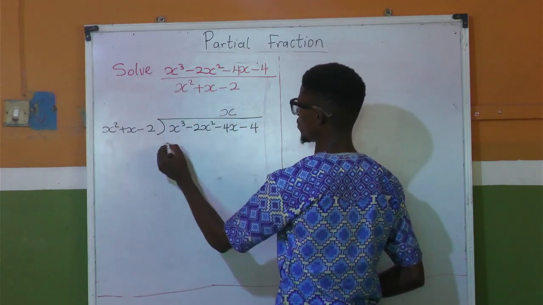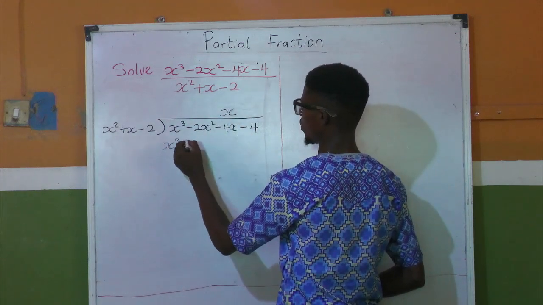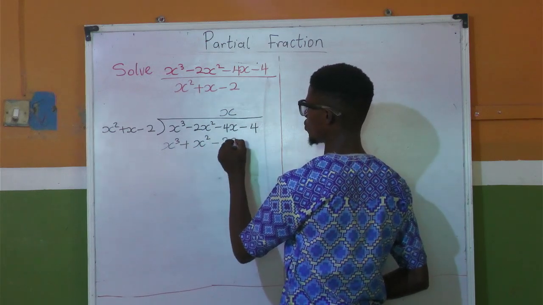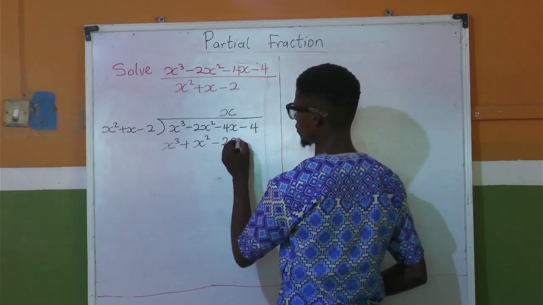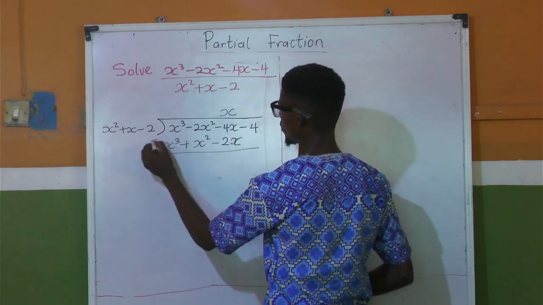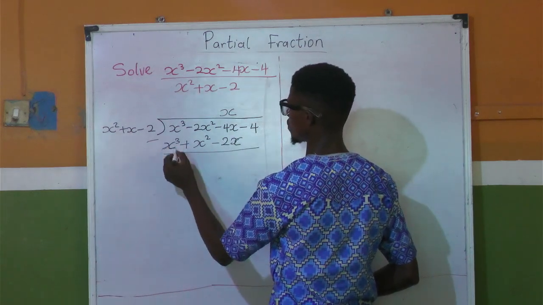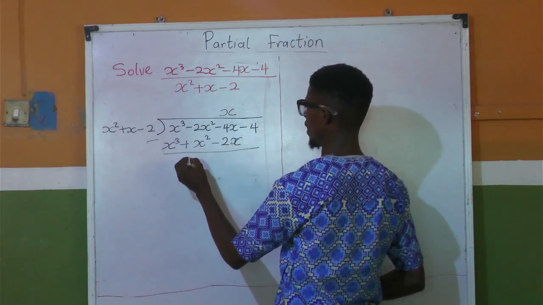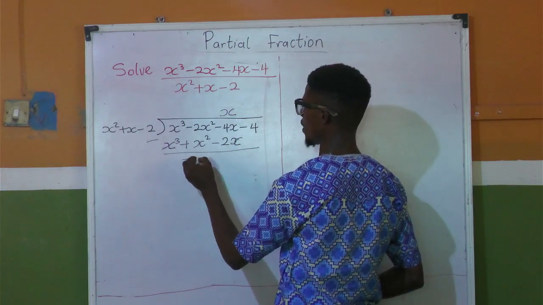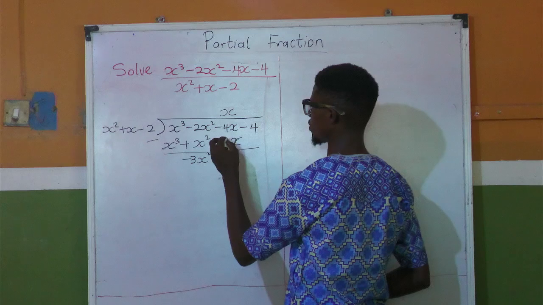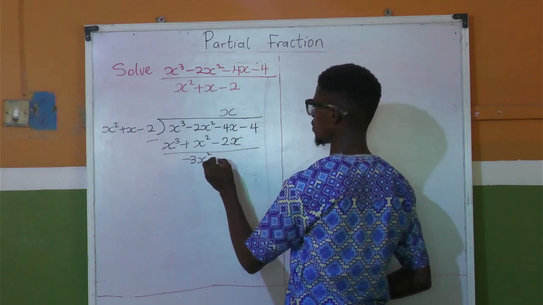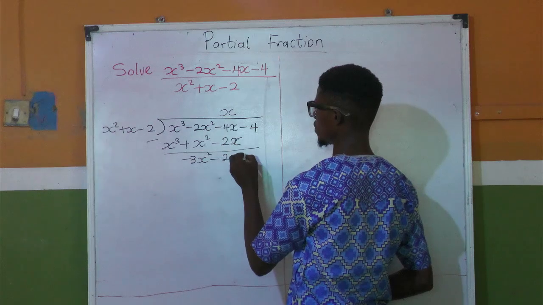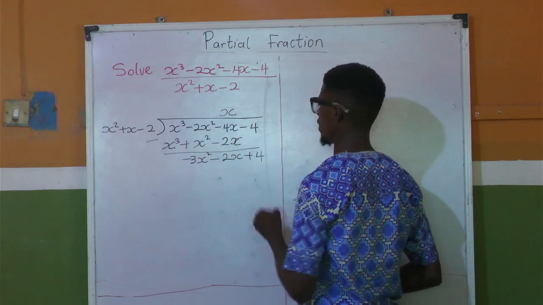So you have x cubed plus x squared minus 2x. Then you do the subtraction. So you have minus 2 minus 1, that is minus 3x squared, minus 4 plus 2, that's minus 2x, then plus 4 here.